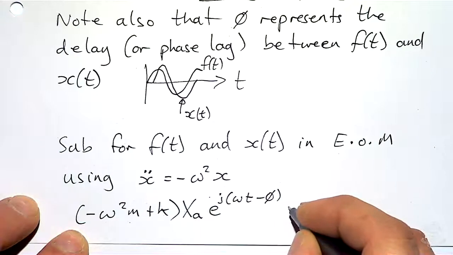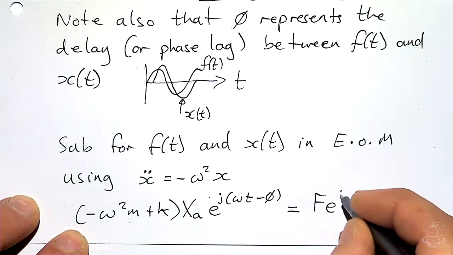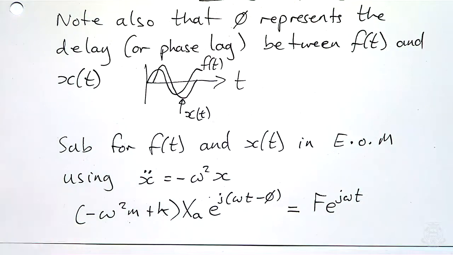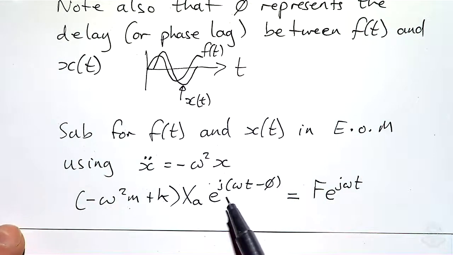That's all on the left-hand side of the equation, and on the right-hand side we get f e to the j omega t. So what we want to do is we want to try and get rid of the e to the j omega t's on both sides here.